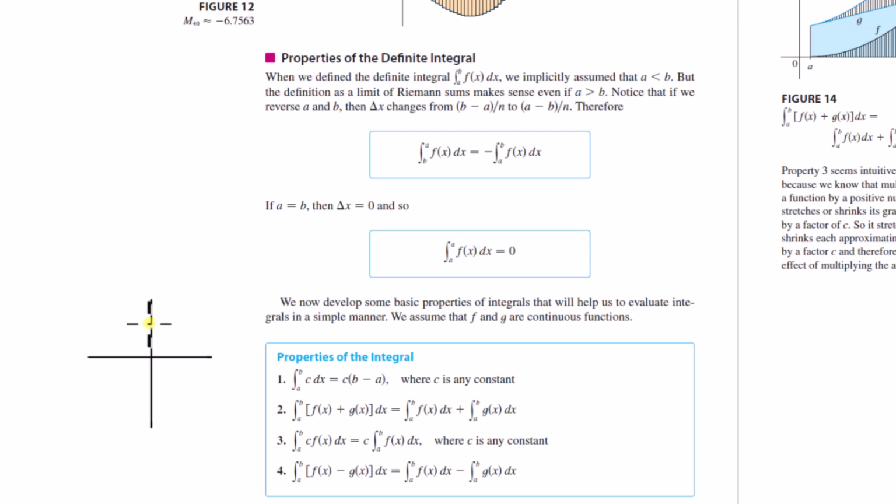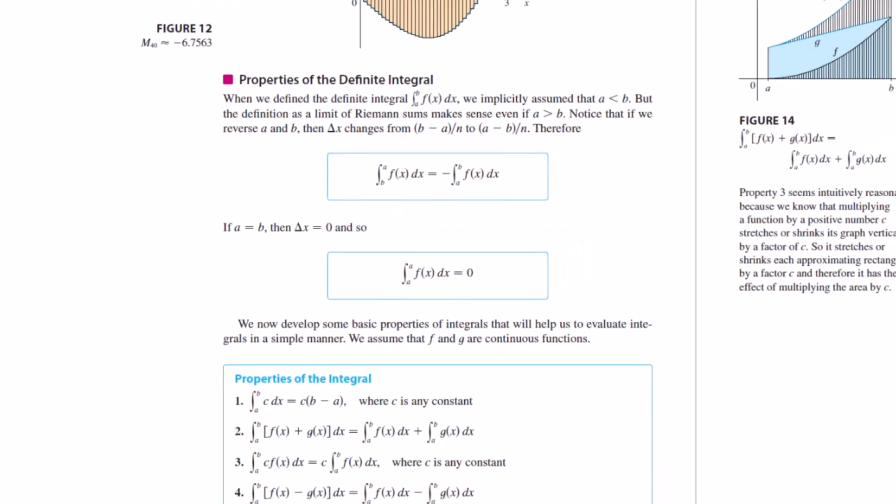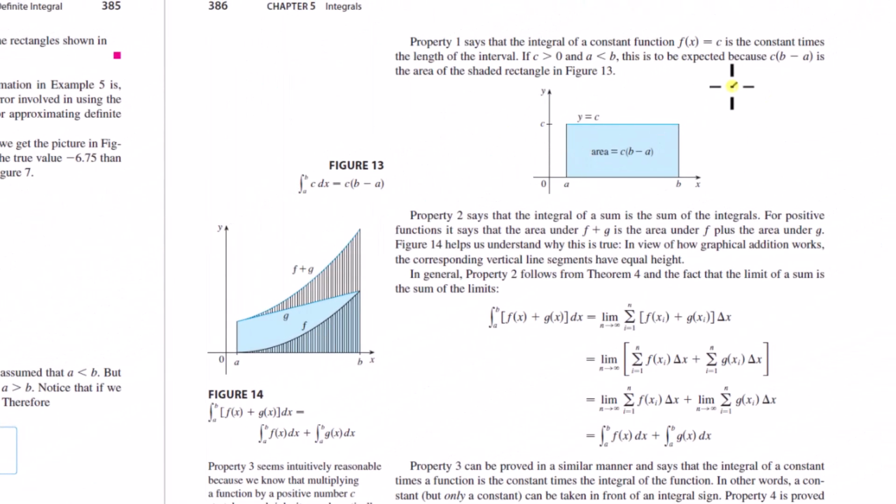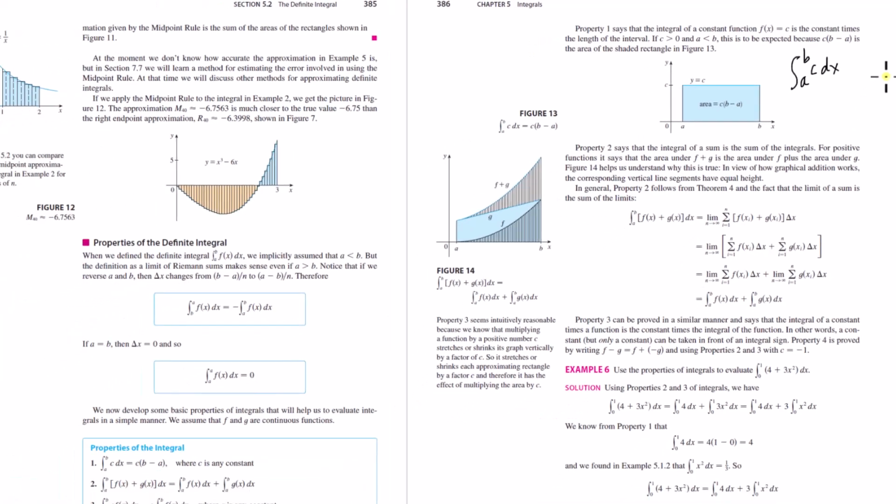It's a constant value. So that's what they're saying here. This is the area of a rectangle: the height of the rectangle times the width of the rectangle, right? That's what they're showing here, that this is the integral from a to b where f of x is equal to c. This is just the area of a rectangle, okay?